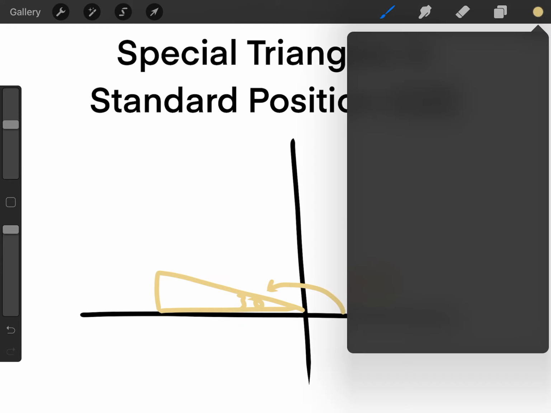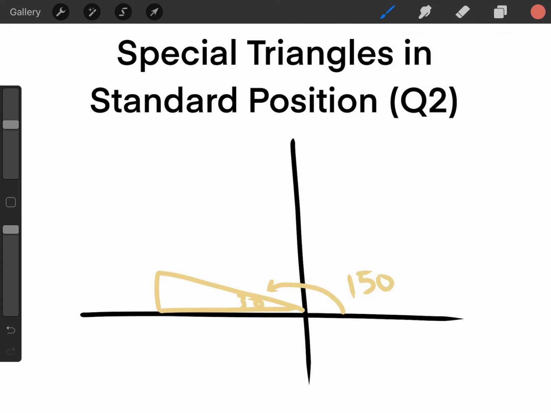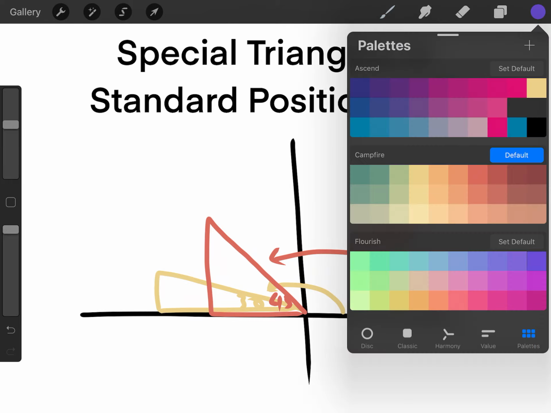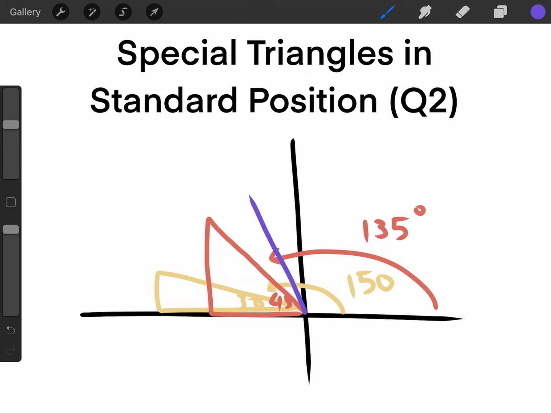Let's move on to quadrant 2. Hopefully this is just a review for you guys. I'm going to draw the 30-degree angle. Coming from the initial side, that's 150 degrees to get to a 30-degree right triangle in quadrant 2.